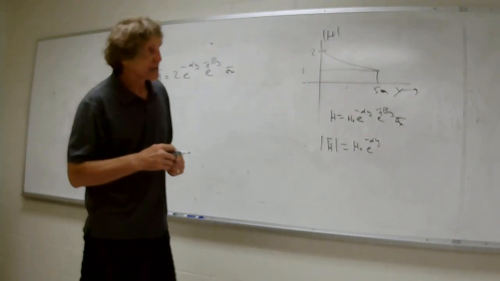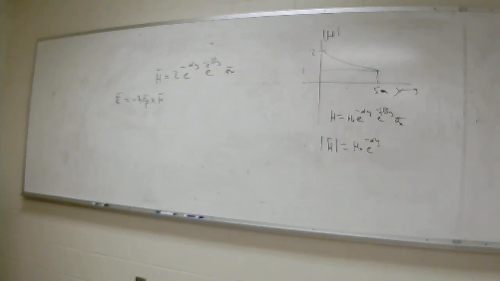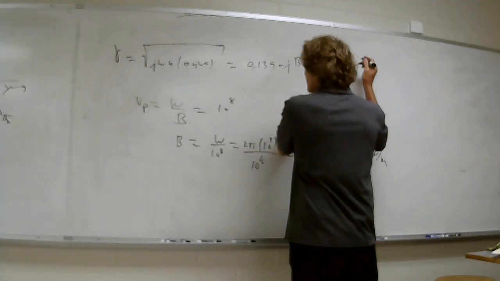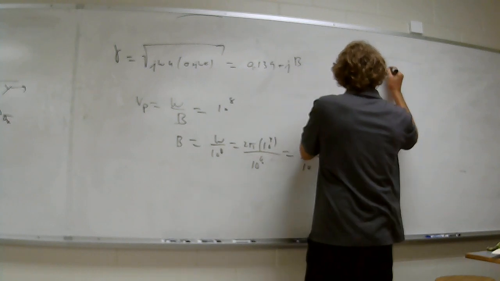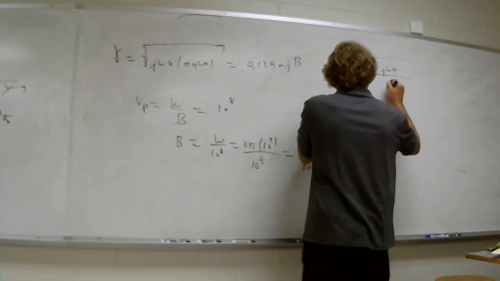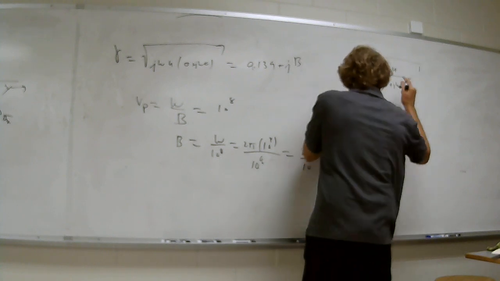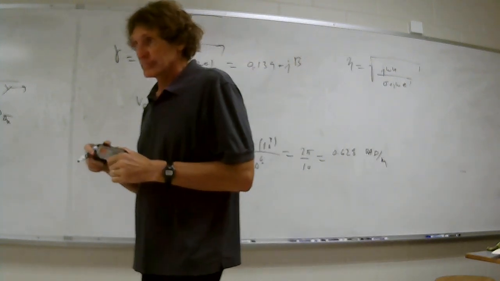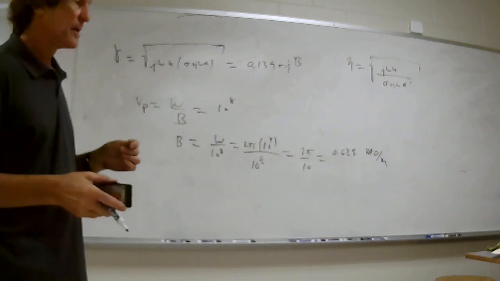How do I get eta? I want you to think about this. We've got alpha, we got beta, right? Well, if you look at this, what is eta? Square root of j omega mu over sigma plus j omega epsilon, right? We need eta, don't we? Yes.